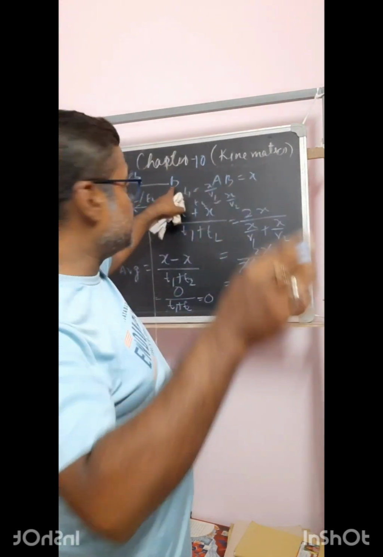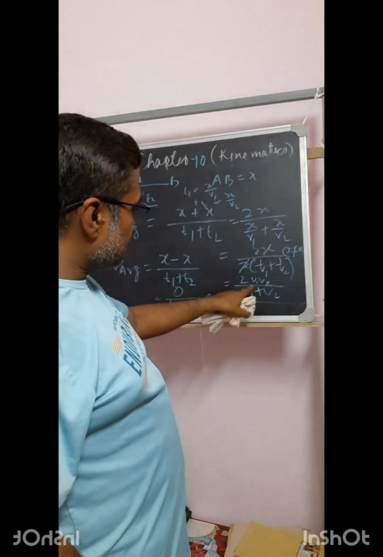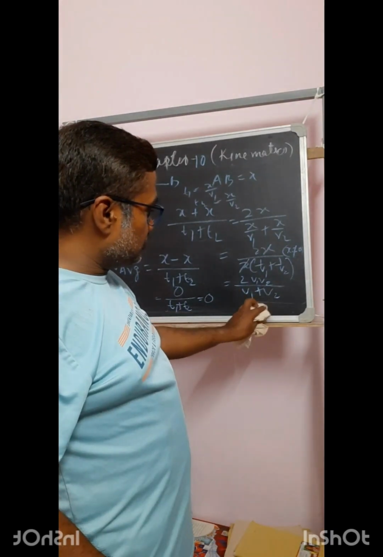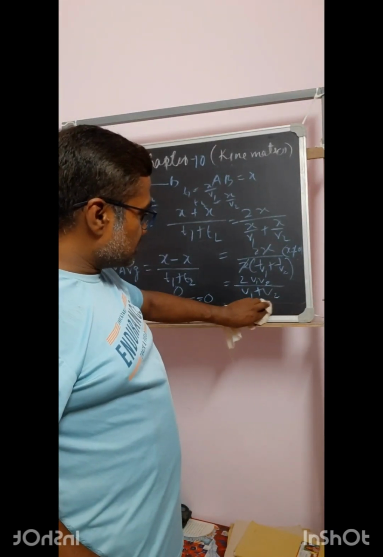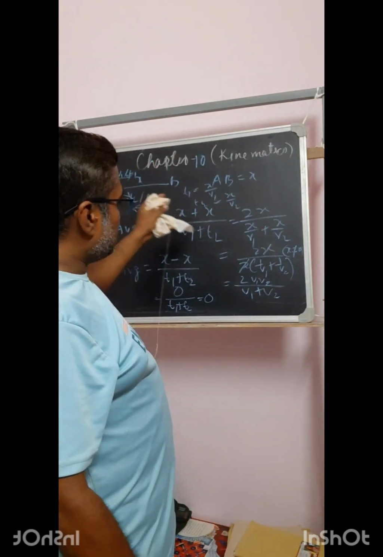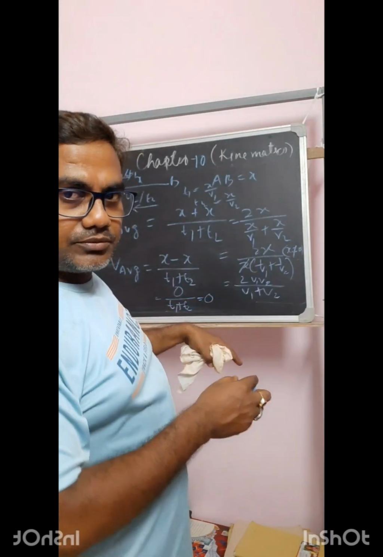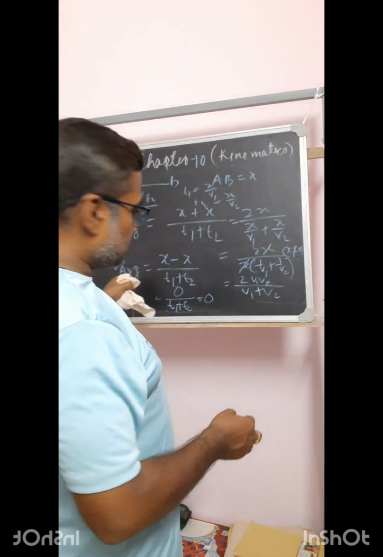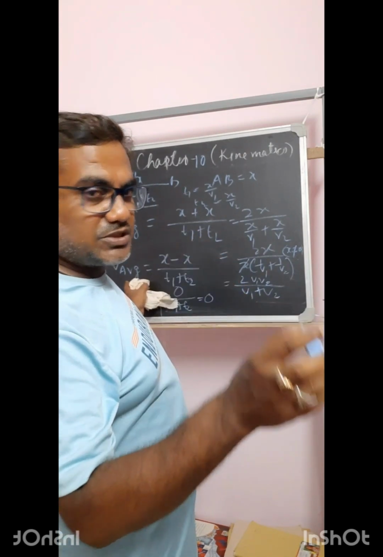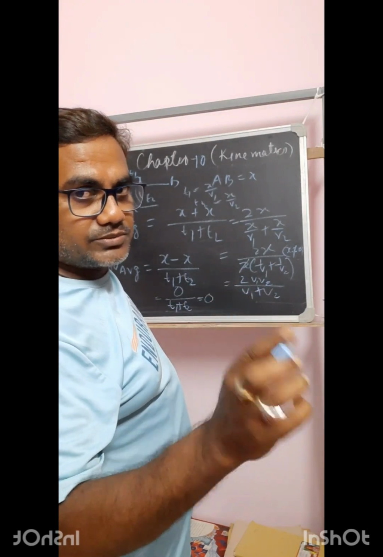So it is not changing any direction during movement from A to B. So individually, if the problem says that the velocity moving from A to B is v1, you cannot take it wrong. But if it is said that for the total journey you have to consider the v average, then the v average will be 0, because we have to consider the total displacement, and in this case the initial position and the final position are the same, so the total displacement is 0.